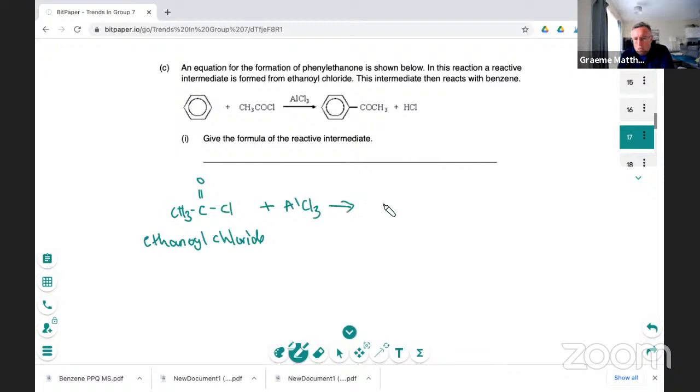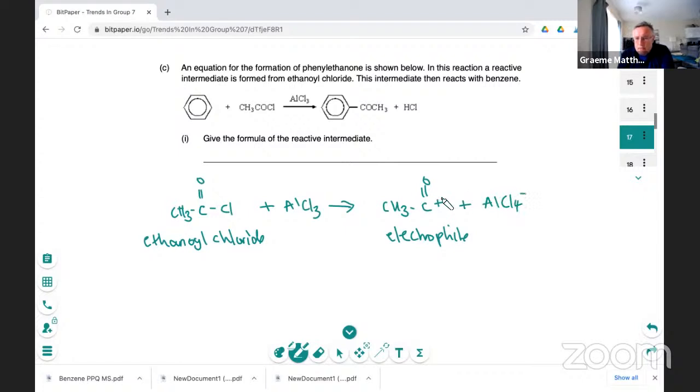What I'm going to form is my electrophile, like this. This is my acylium ion, and obviously AlCl4 minus.